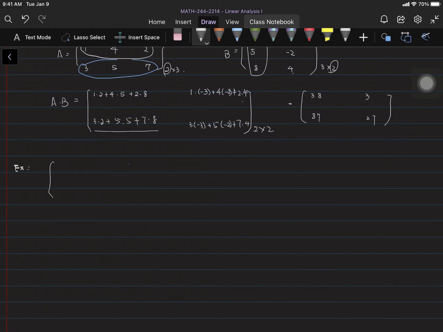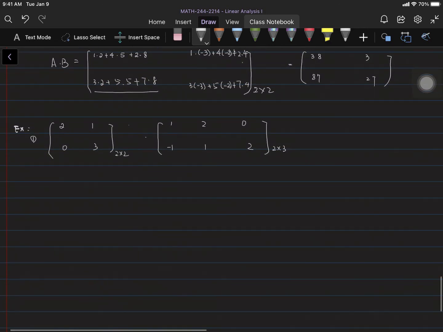Let's take a look at this matrix. Let's do an easy one: 2, 1, 0, 3. This is 2 by 2. Let's do a 2 by 3: 1, 2, 0, -1, 1, 2. Those numbers are pretty easy, right?